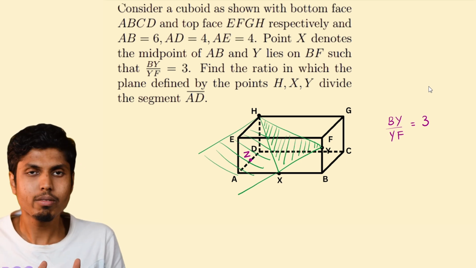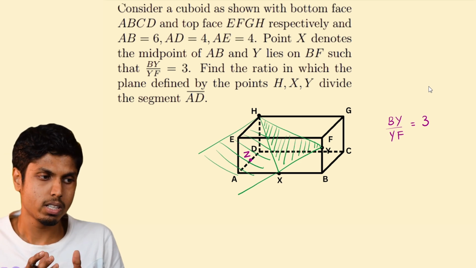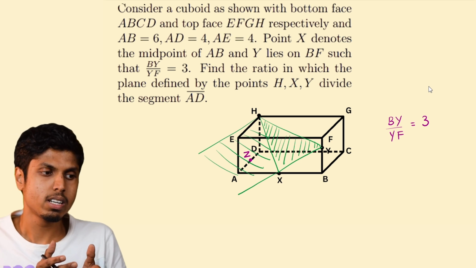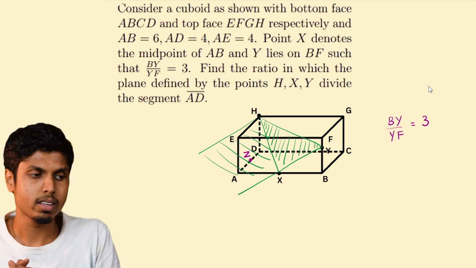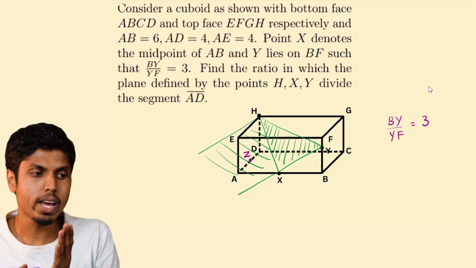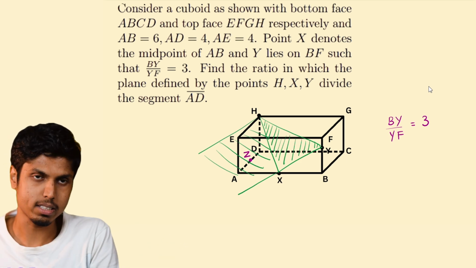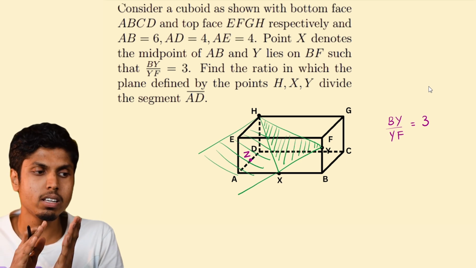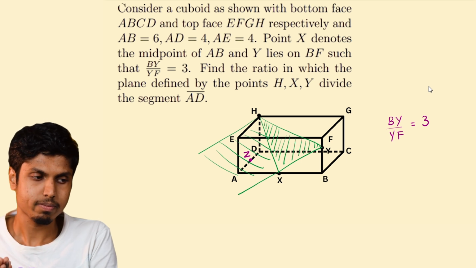Now it's not infinitely many points because point A will not be on the plane. And the reason is that point X is already on the plane HYX. And hence, either the plane contains the entire line AB or only the point X. Now, clearly the plane is at some angle with the line AB.